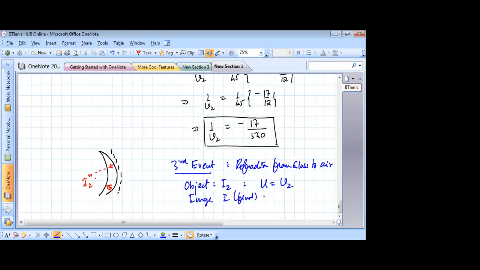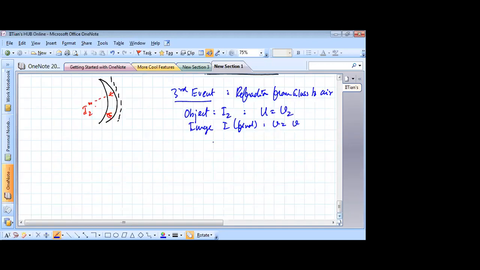Final image. So mu2 by V minus mu1 by U is equal to mu2 minus mu1 by R.